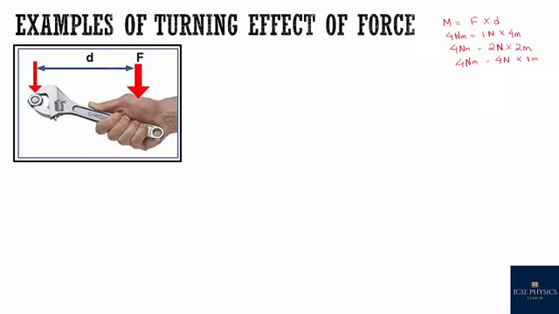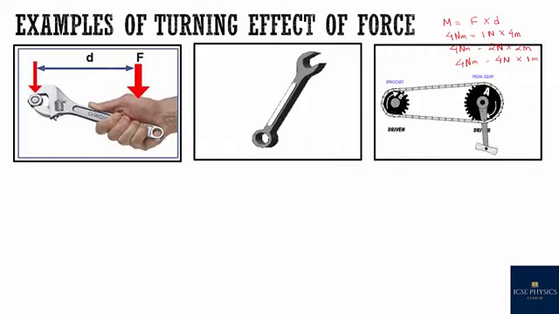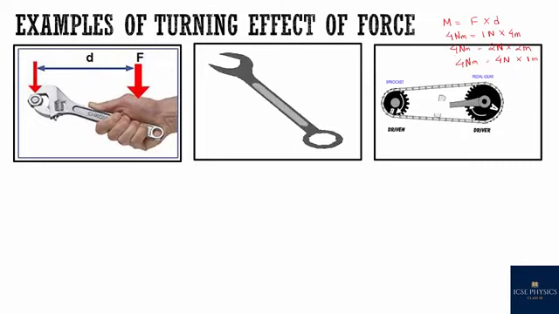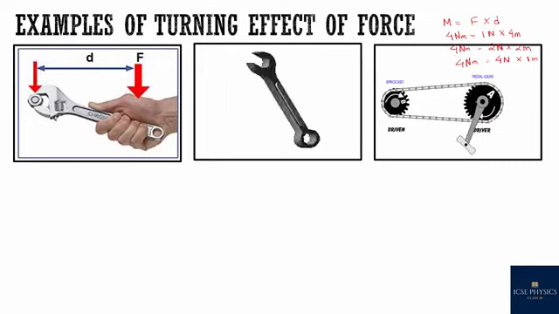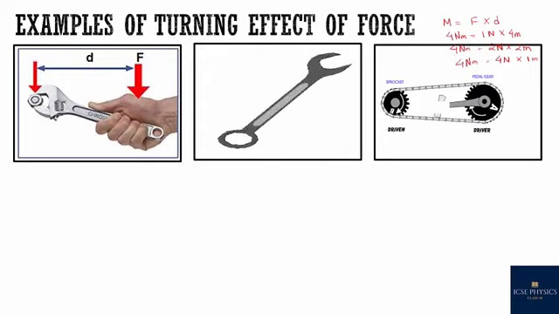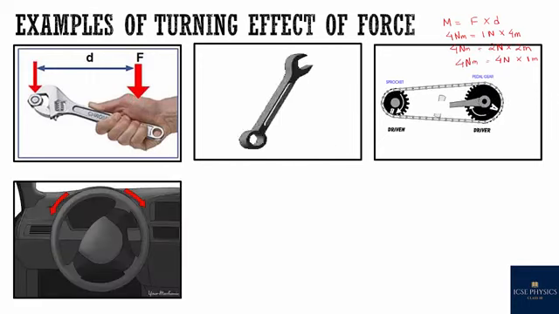Similarly here, as you can see, this is a bicycle pedal. The distance between the two wheels is made large so as to provide a large torque.